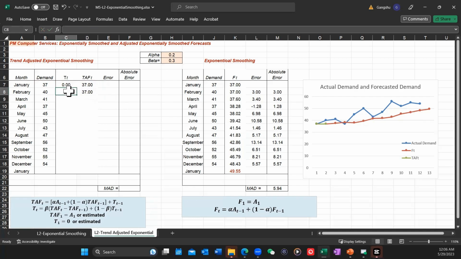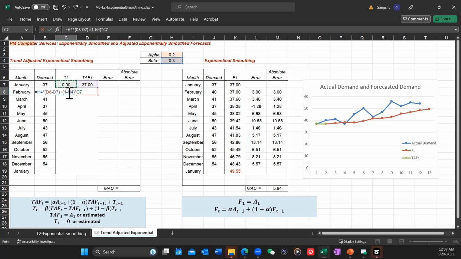Now let's go to the trend, which is equal to beta times the current period's forecasted value minus the previous period's forecasted value, plus 1 minus beta times the previous period's trend.